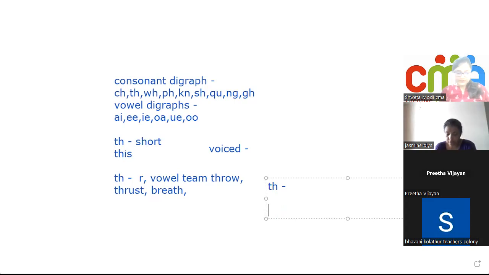So that way you can tell the children. Now, whenever you teach such kind of spelling rules, always tell them to look for the exceptions. Ask them to search for the exceptions, and then you will be clear that, see, there are very few words which do not follow, but most of the words follow this, right?